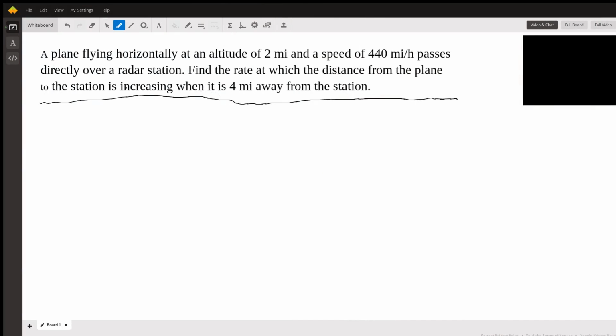I'm a math tutor here at Wyzant, answering a pretty classic question from calculus. Okay, so here we have our radar station, and a plane is flying over it.